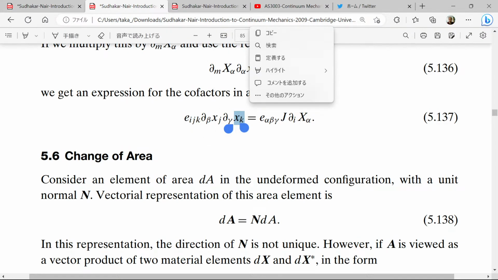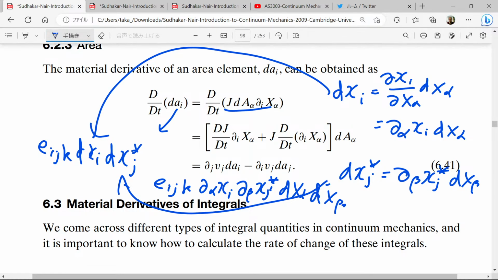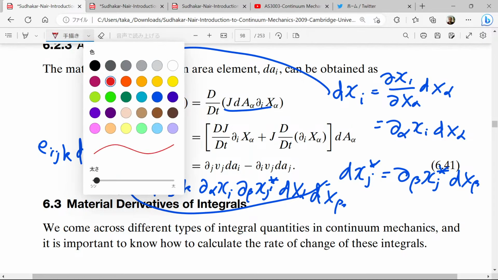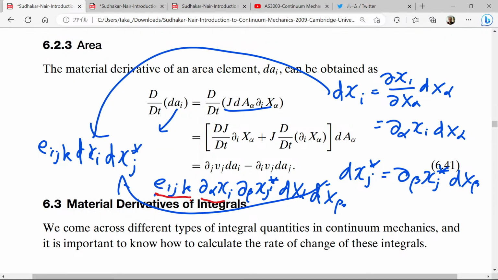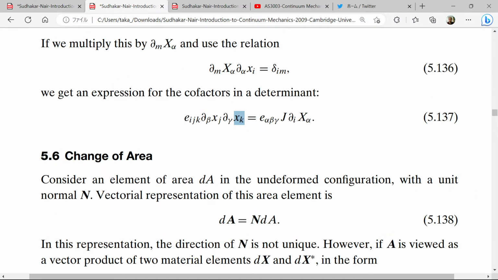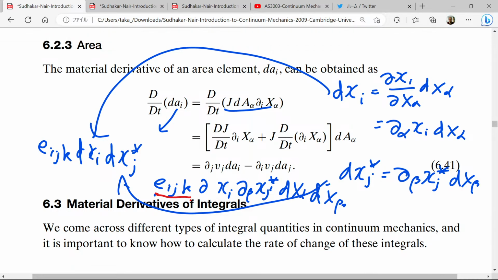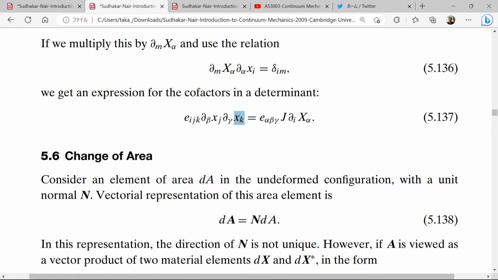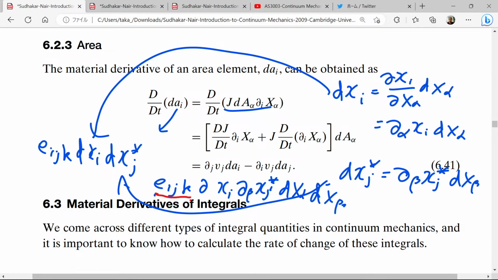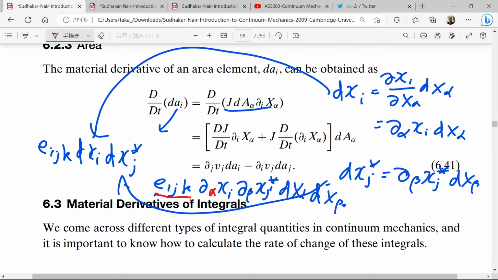Epsilon ijk alpha i beta j. No, sorry, we don't use this. Let's change. Beta j, alpha.